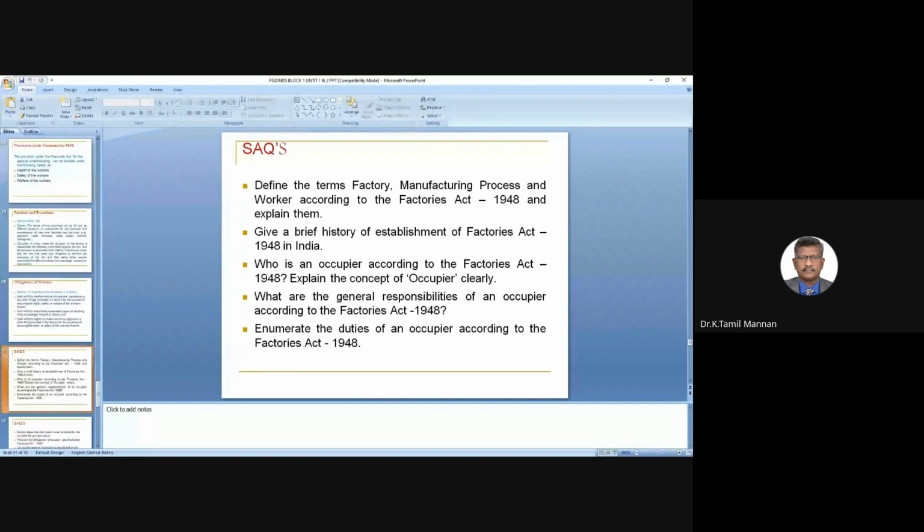Once you have thoroughly learned the Factory Act 1948, you have completed this course, because all the units are based on this Act only. So better to go through it deeply.